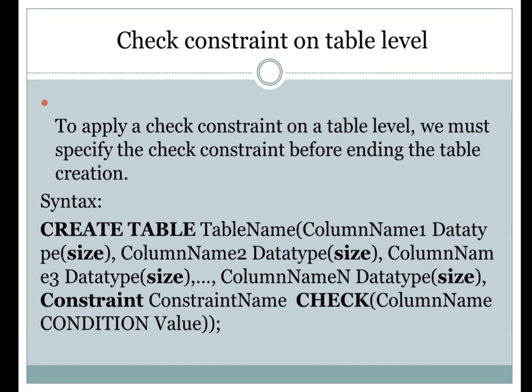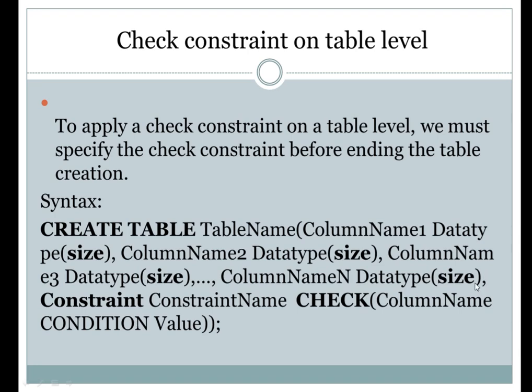Now, check constraint at the table level. To apply a check constraint at the table level, we must specify the check constraint before ending the table creation. Now what is the syntax here? Create table, table name, opening bracket, column name and its data type, second column name, data type, comma, third column name, data type, up to n number of columns.